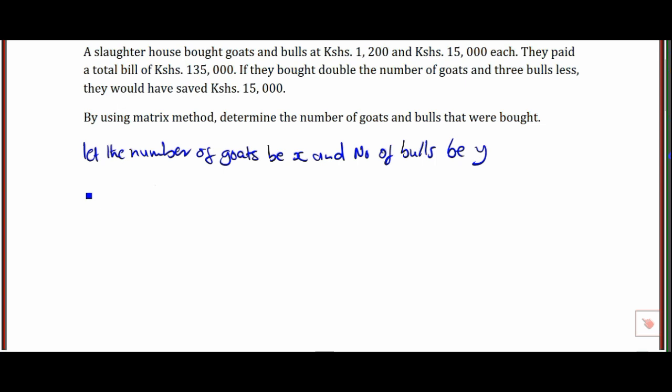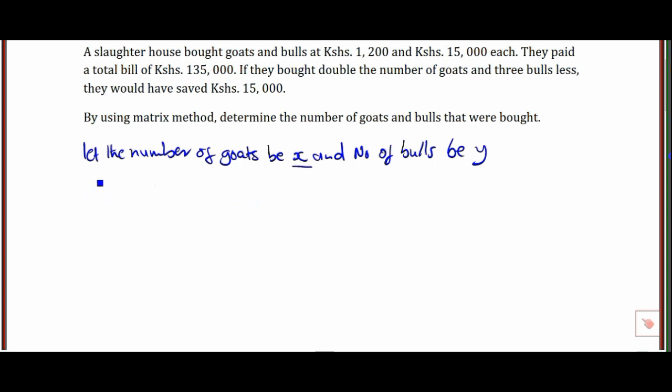We are being told that the cost of one goat is 1,200 shillings. And the number of goats is x goats.